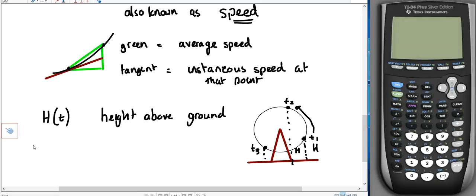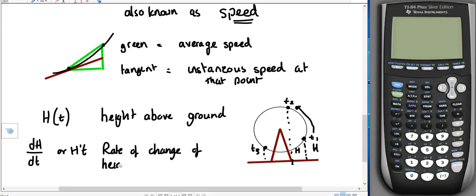What would dH dt be? Go on. So the rate of change of height with respect to time.